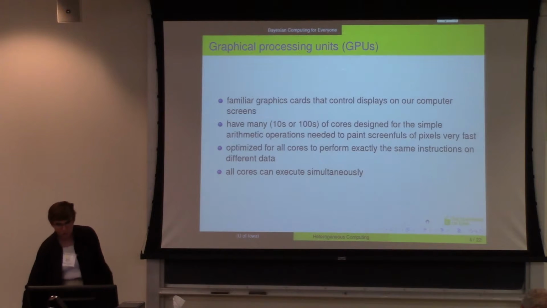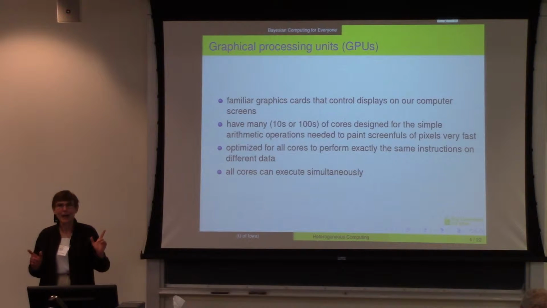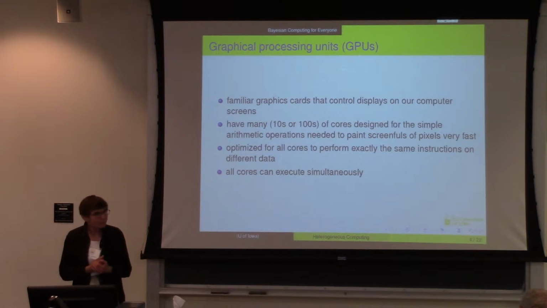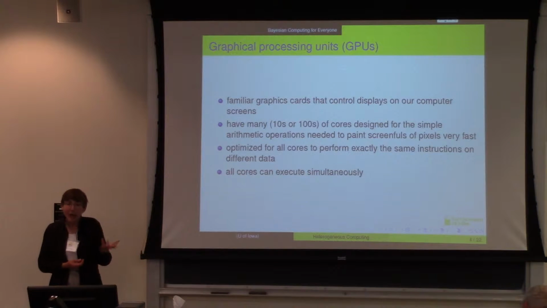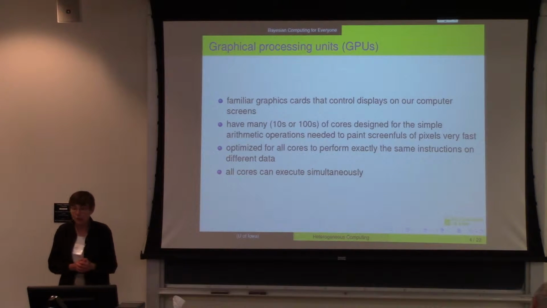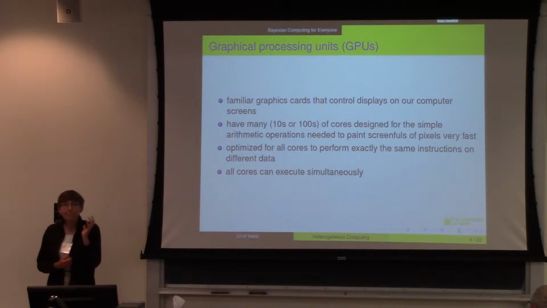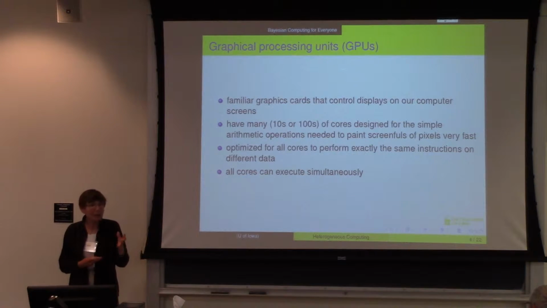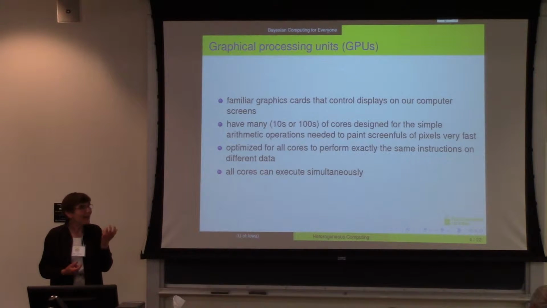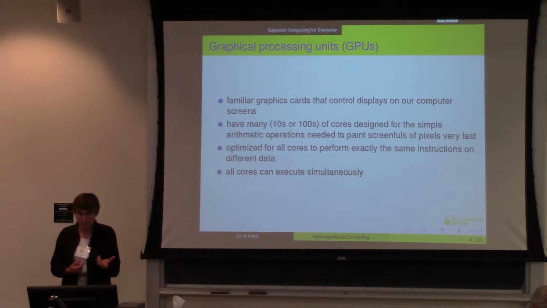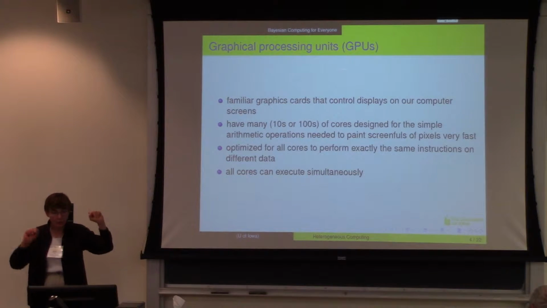And I'm going to show you some baby steps in the final direction. I'm not there yet, I'm getting close. So, graphical processing units, or GPUs, as you know, are just the familiar graphics cards that control the displays on our computers, such as that one. They have many cores, tens, hundreds, in the most modern ones, even thousands of cores, designed essentially for the simple arithmetic operations that are needed to put pixels on a screen.